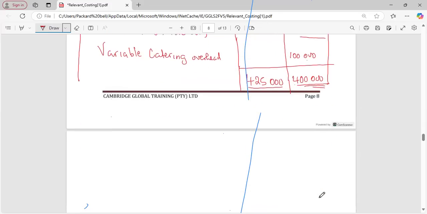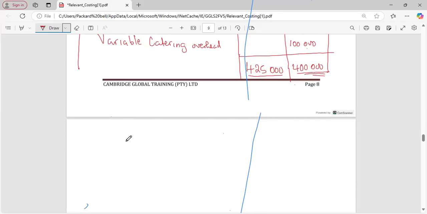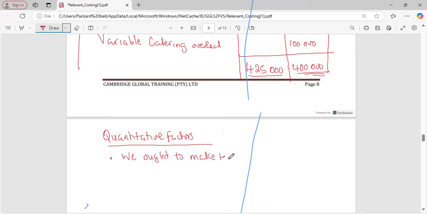Our conclusion is going to be based on quantitative factors, that they have to make because the cost is low.